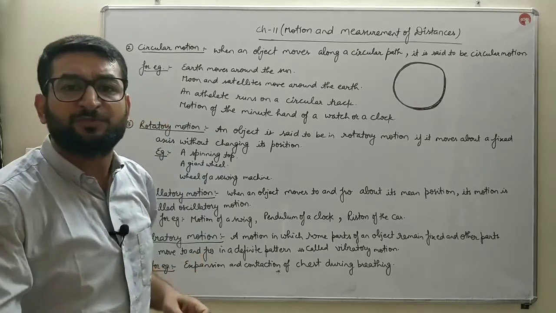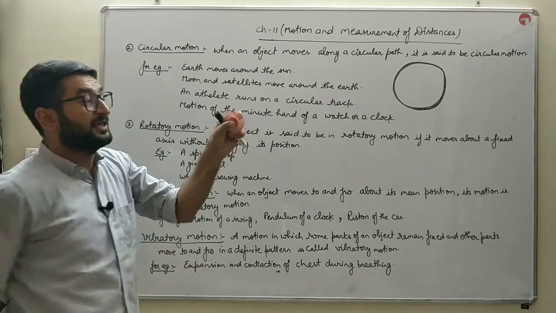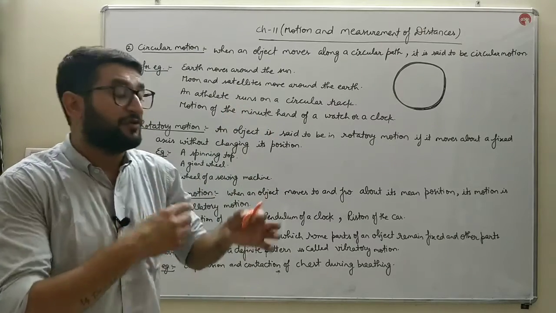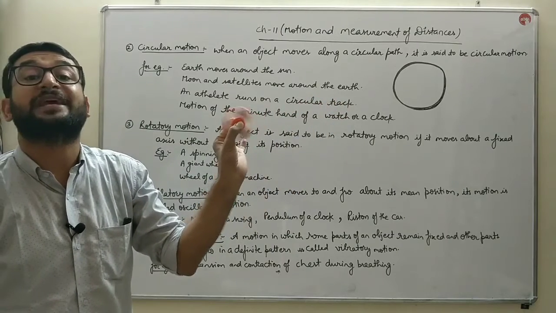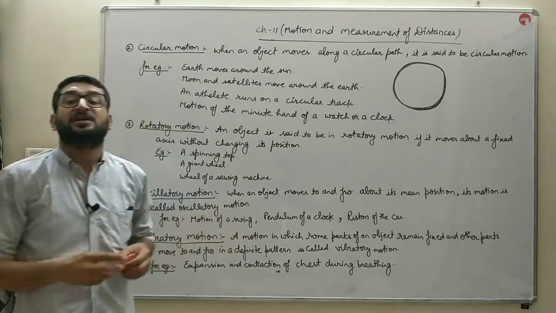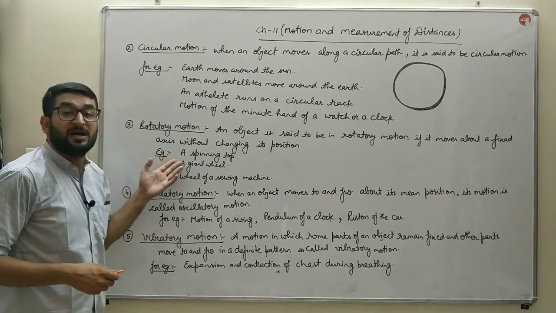The spinner which is present at your homes moves along a fixed position. Children, this spinner is always rotating at a fixed position. So this motion is a rotatory motion. The blades of a fan move in a rotatory motion. Next, a spinning top, a giant wheel.